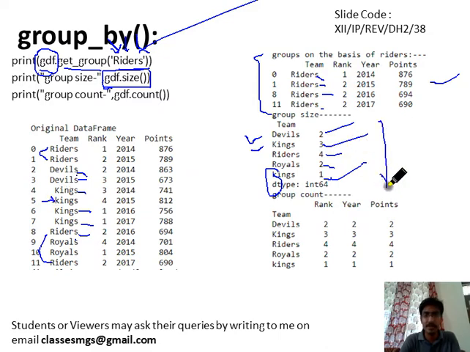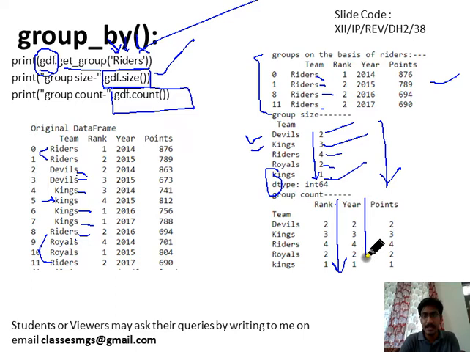A question of 1 or 2 marks may be asked directly: to get the group size in a data frame, what function will we use? So we will use gdf.size. Then another important function is gdf.count. gdf.count will do the same thing, but it counts for each column individually, and it will count only the data which has non NaN values.